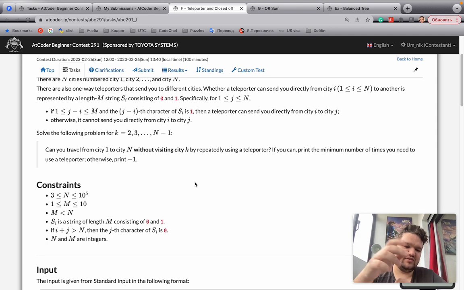We run BFS in n times m because that's the number of edges. Actually, we can do it not with BFS but with DP, because again we move only in one direction. And then just for each vertex calculate the answer in m squared time.